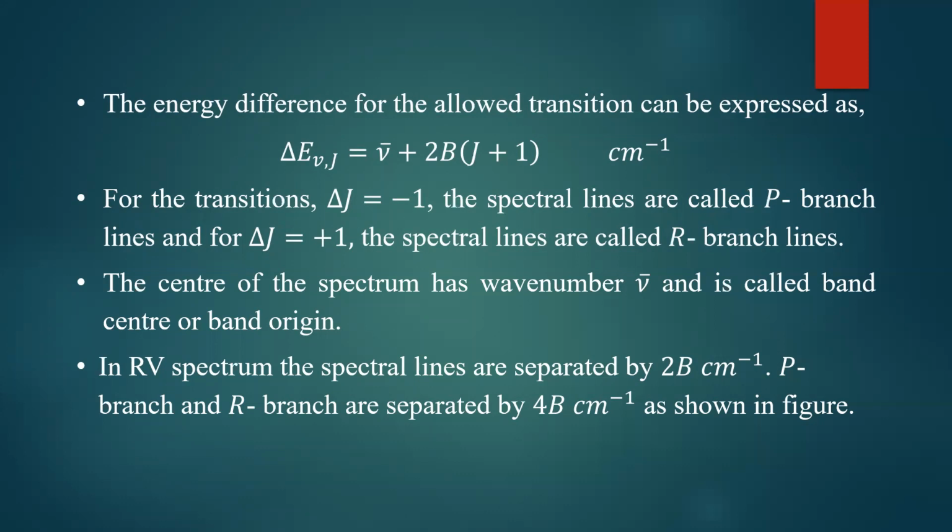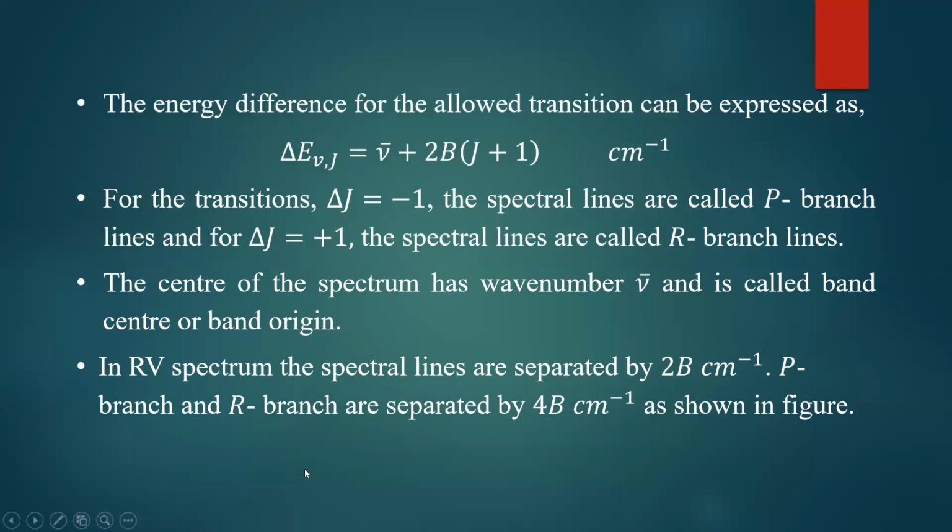So B can be found. If you know the value of B, you can find out the moment of inertia by using the general expression. And if you know the moment of inertia, you can find the bond length of the molecule, or the equilibrium distance between the atoms of the molecule.